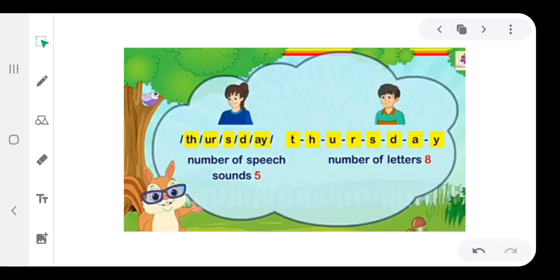Th, A, D, A. The word Thursday has 8 letters. There are 5 speech sounds.